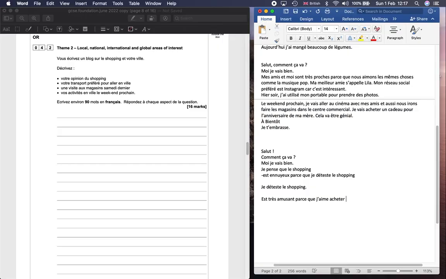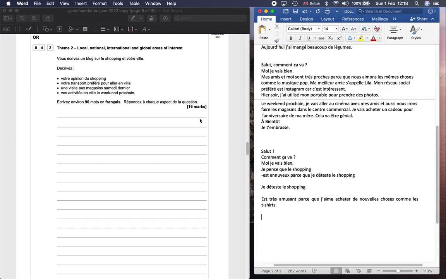J'aime acheter de nouvelles choses. I like to buy new things. Nouvelles choses, like comme les t-shirts. T-shirts. Ouais, en français on dit t-shirts. We use the English term for t-shirts.